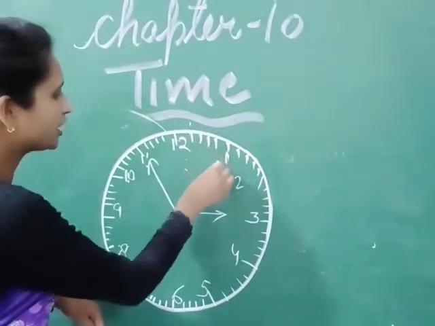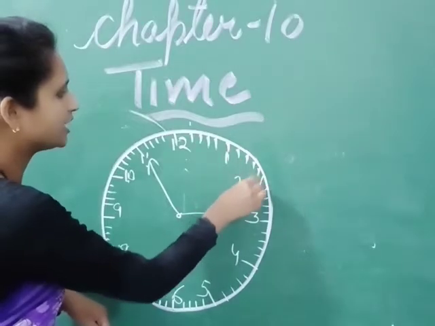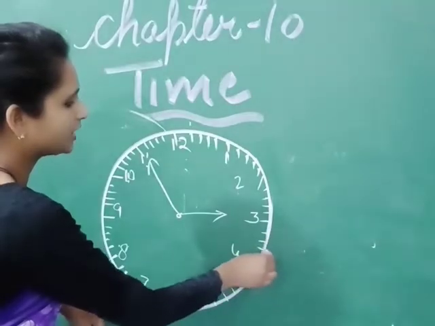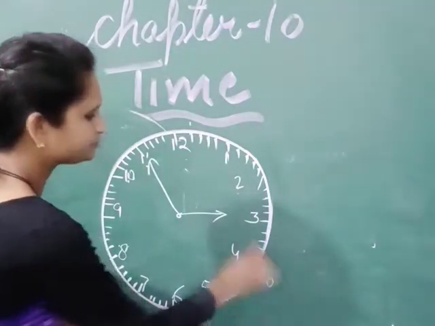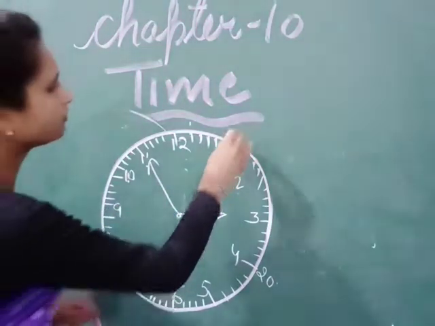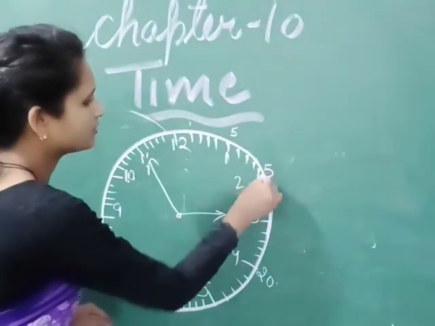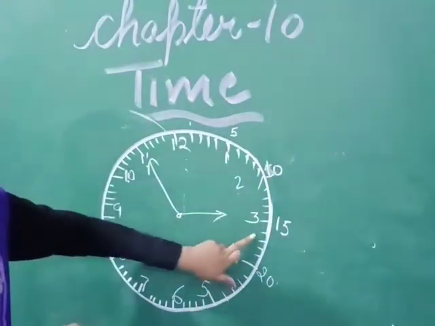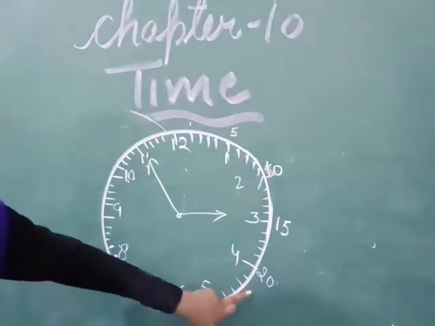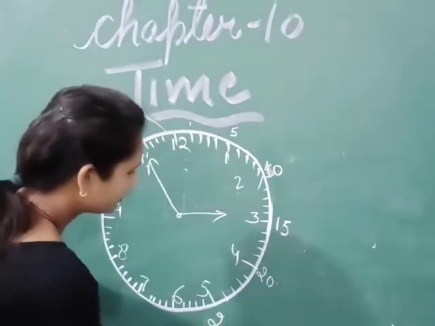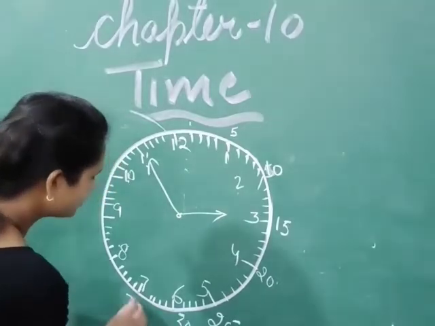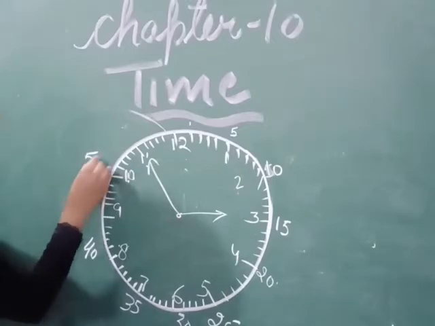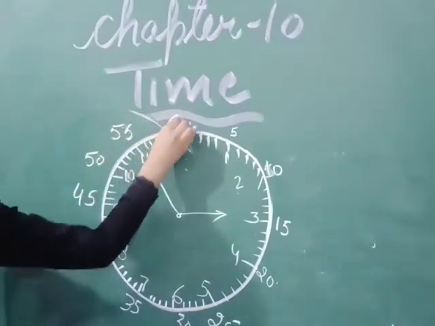1, 2, 3, 4, 5, and so on up to 20. The gap is of 5: 5, 10, 15, 20, 25, then 30, 35, 40, 45, 50, 55 and 60.